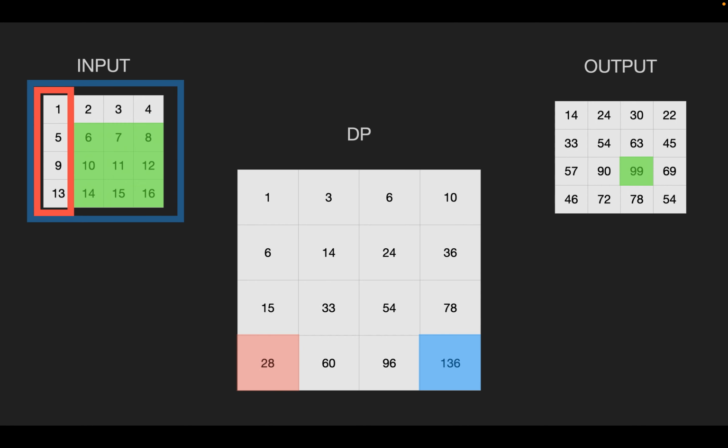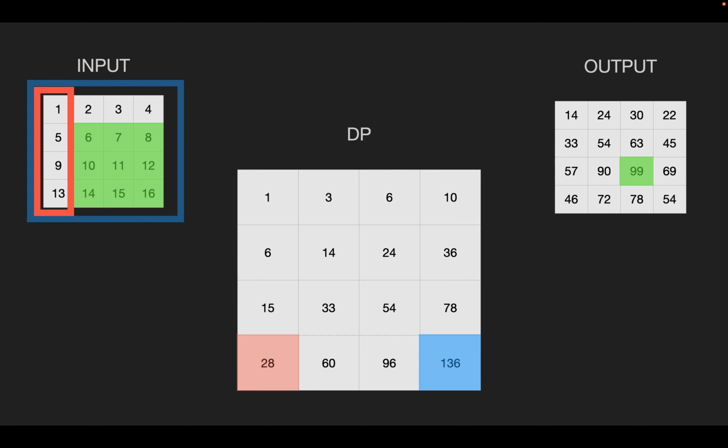and see how much it overestimates the solution of the green box. It overestimates it by the entire left column, the first column in the input. None of those numbers should be counted. So we could take 136 and subtract 28, which is the lower left corner of the DP table, one past the lower left corner of the input.